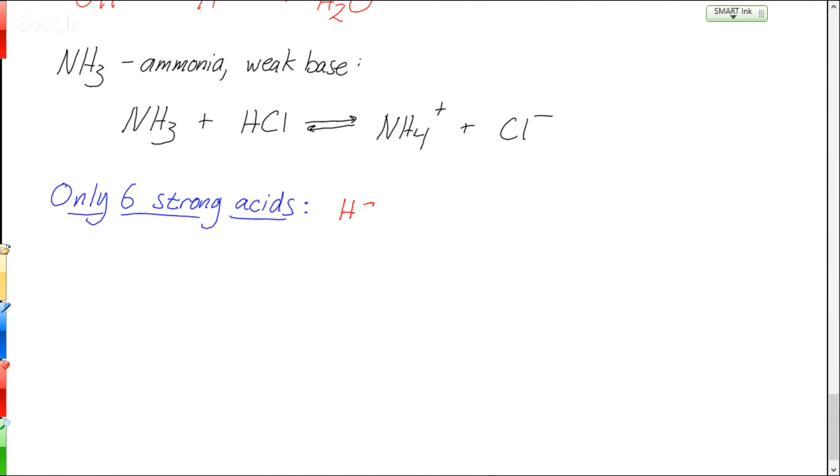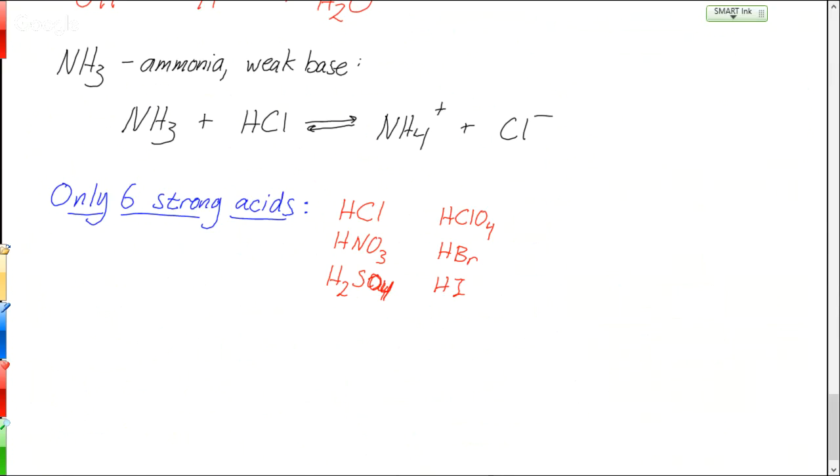So that would be HCl, hydrochloric acid, HNO3 nitric acid, and H2SO4 sulfuric acid. And then there's 3 more. Perchloric acid, hydrobromic acid, and hydroiodic acid.